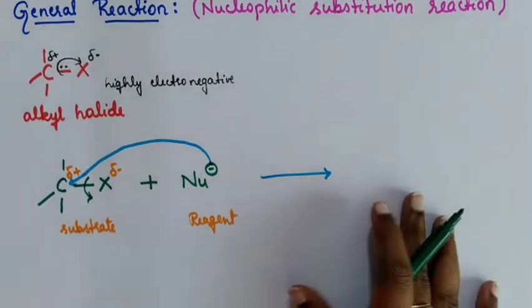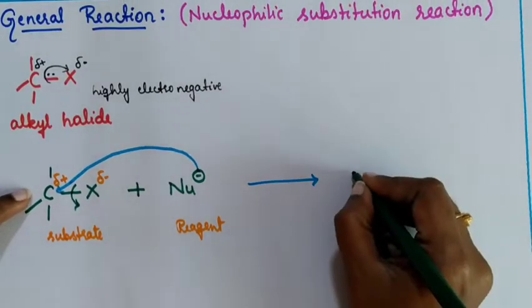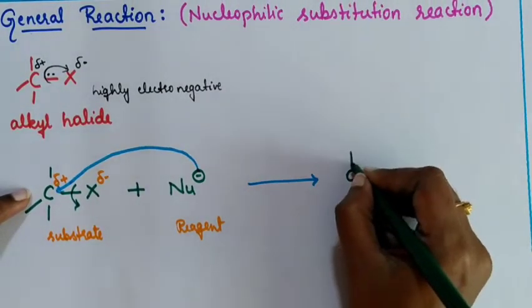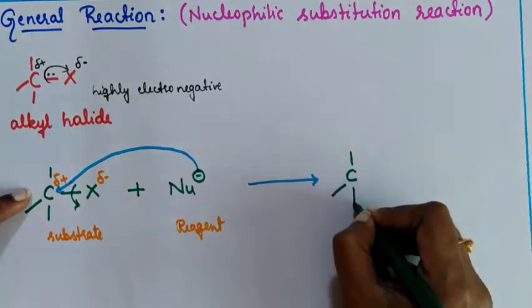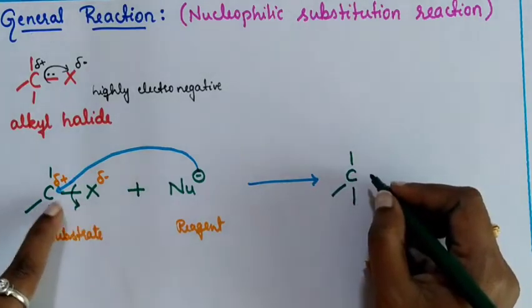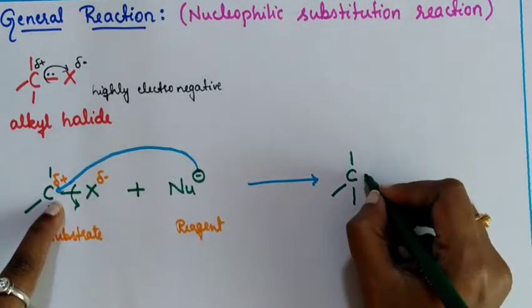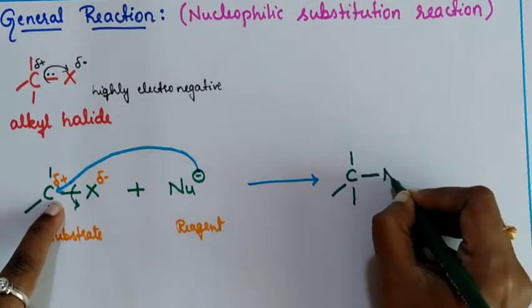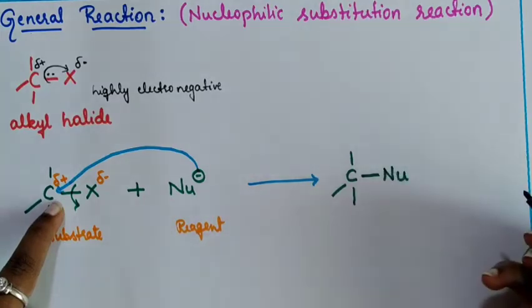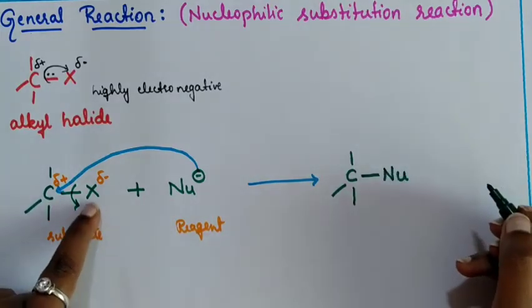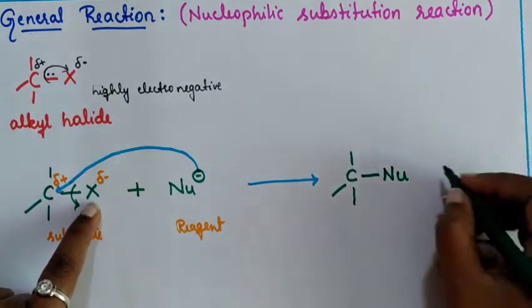So when the nucleophile attacks, what will we have? We will have carbon with 3 other bonds unchanged, and the bond between halogen and carbon has broken. The nucleophile made a bond with the carbon. So this bond now exists with the nucleophile. And the halogen atom went away separately.